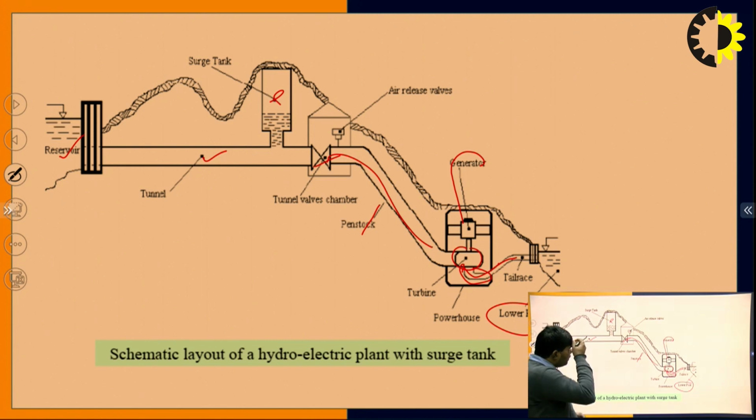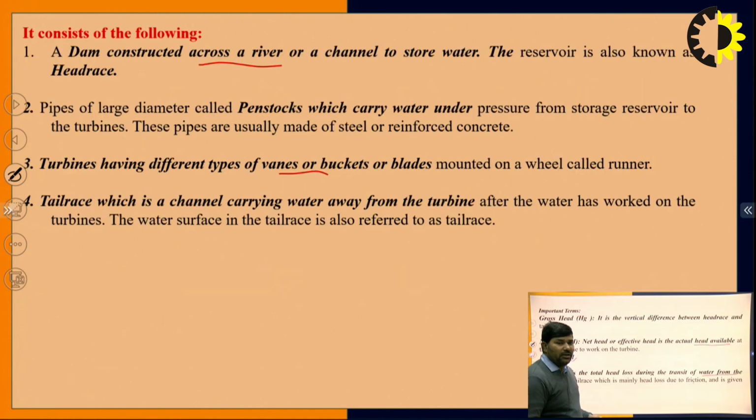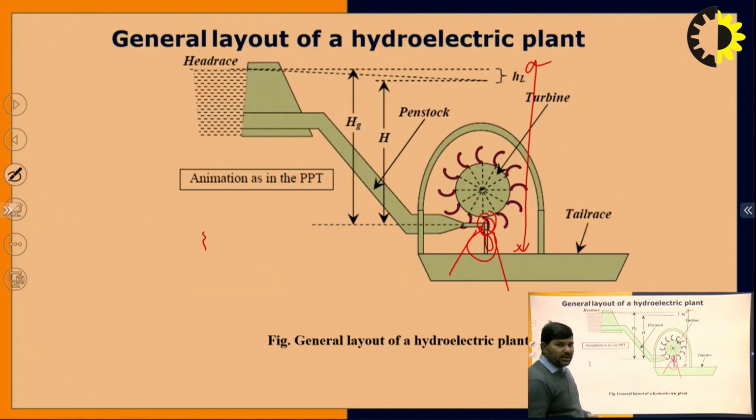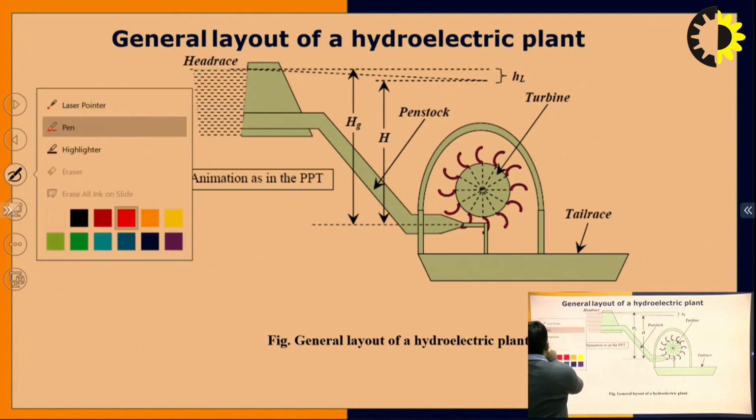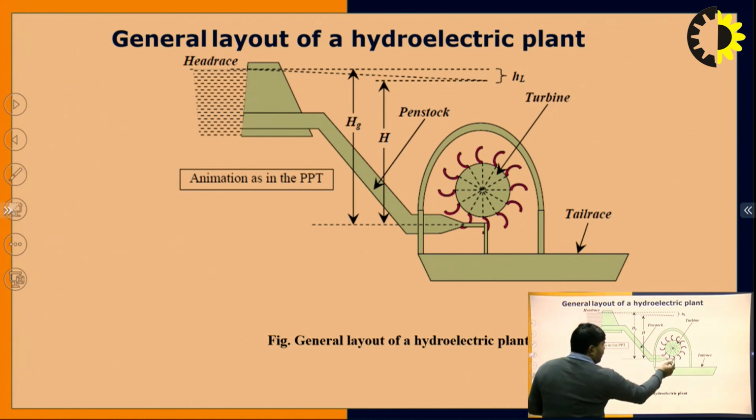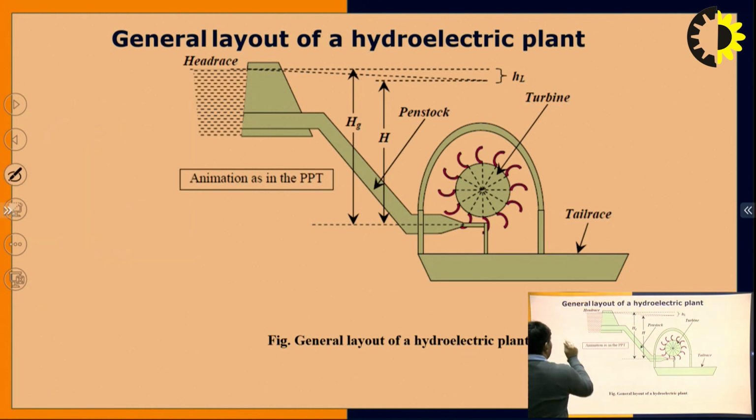These parts I discussed earlier in the previous slides, and I will discuss the surge tank after two slides. You can see the difference between the first figure and the second figure: here there is no draft tube at this point.